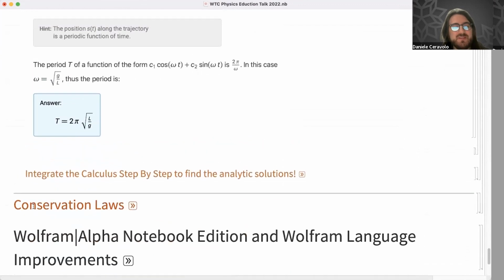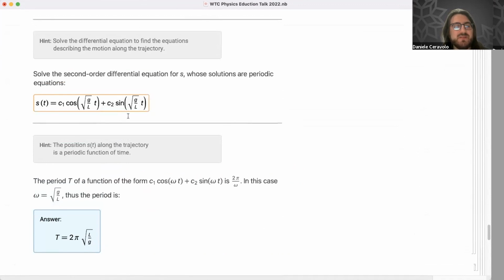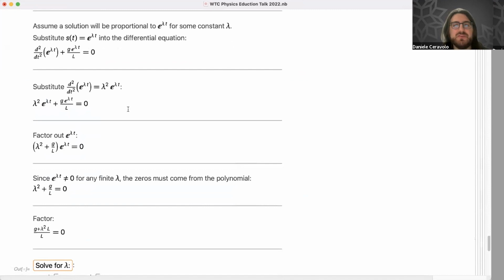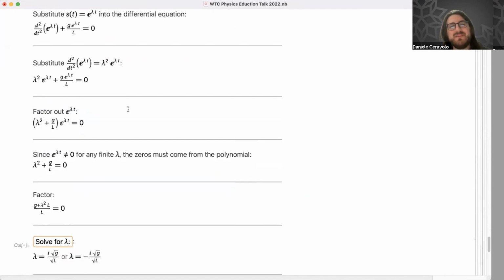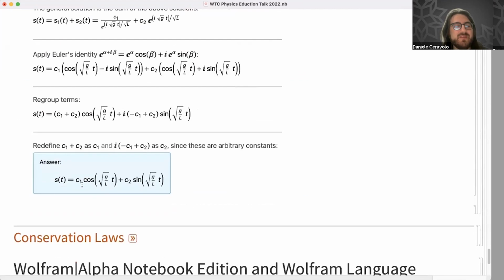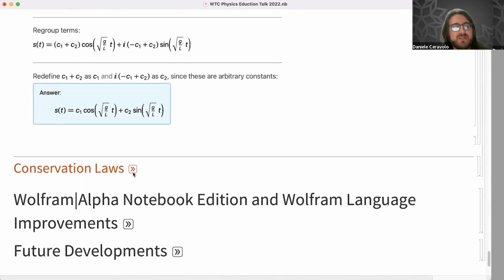So what we do is actually integrate in a show details button the analytical solution. So you use whatever we built for calculus to get to the final point. So those are the equations for the position of a pendulum at a certain time.